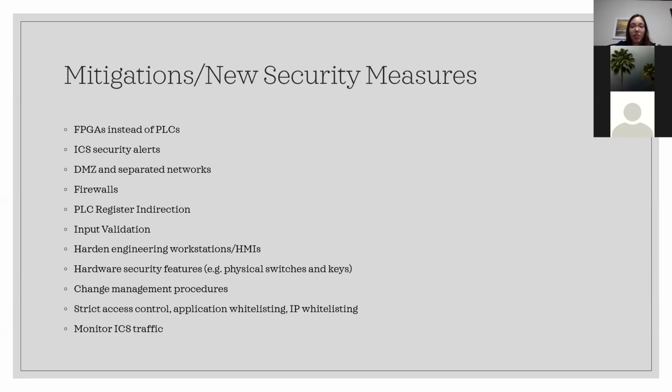FPGAs are field programmable gate arrays, and so they are reconfigurable hardware devices where you program them and you're actually reconfiguring the hardware inside of them when you program them. And so they can be used instead of PLCs for similar controlling of ICS processes.